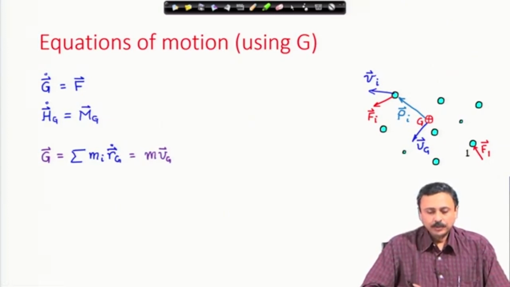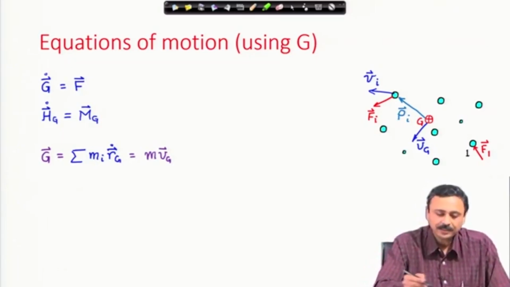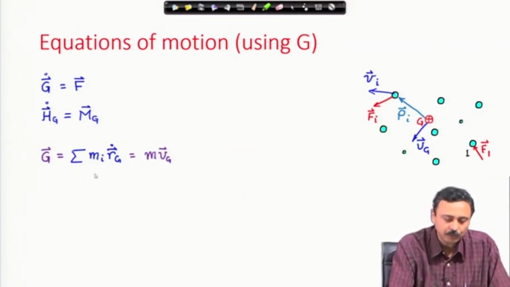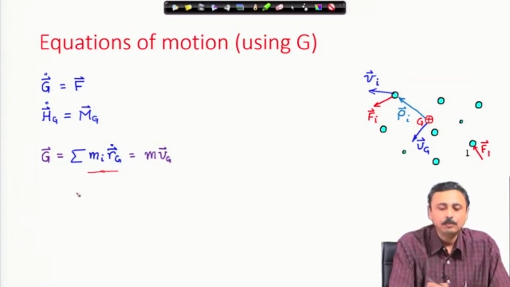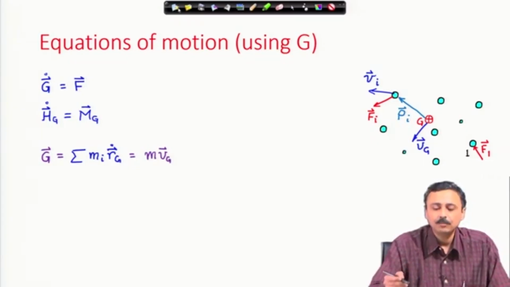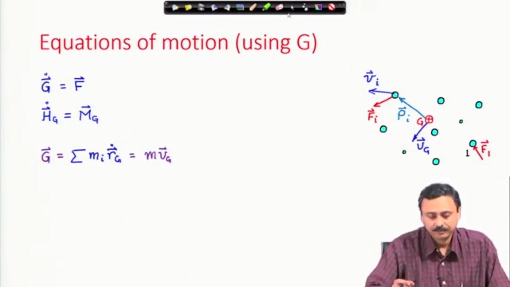Now, let us go back to the equation of motion that we had derived about g. For a system of particles, we had this definition of G. We summed over the linear momenta of individual particles over all particles to find out the net linear momentum of the system, which is same as the total mass times the velocity of center of mass.